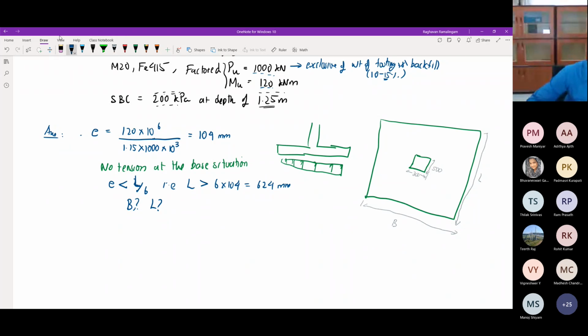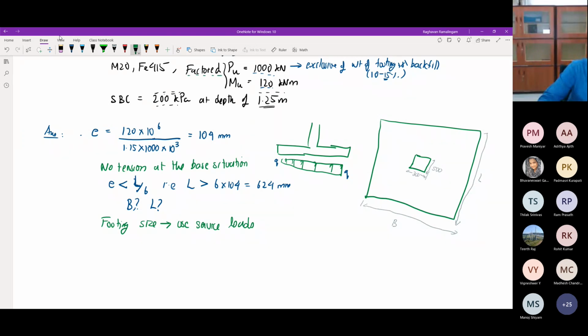Now to find this, I have to compare my pressure here and here with my SBC and make sure the pressure nowhere along this part exceeds my SBC. As I told you, to determine the footing size, always use service loads, meaning that these are all factored.